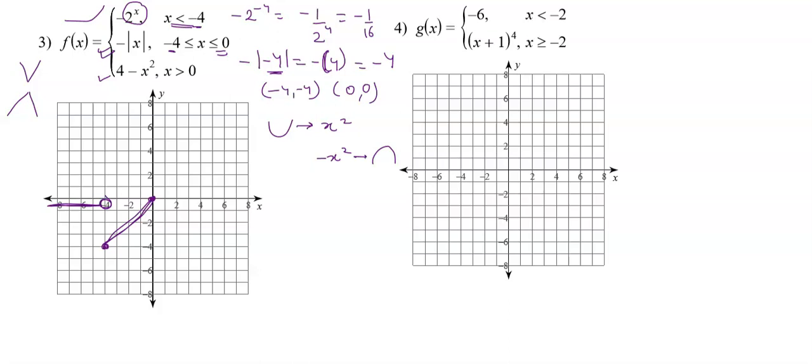When x is 0, y value is 4. So the point is 0 comma 4, and at 0 comma 4 it will be a hole. Why? Because x is greater than 0, not equal to 0. So 0 comma 4 we mark it. When x is 0, y is 4, so we make a hole on that.